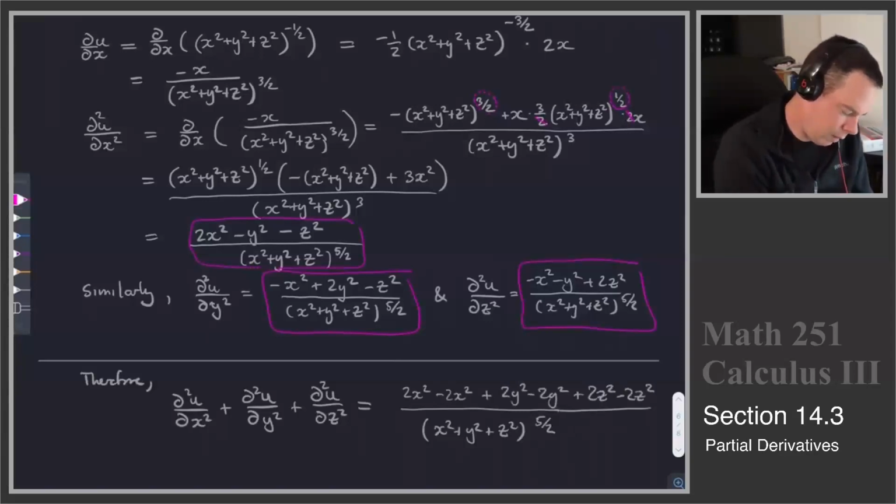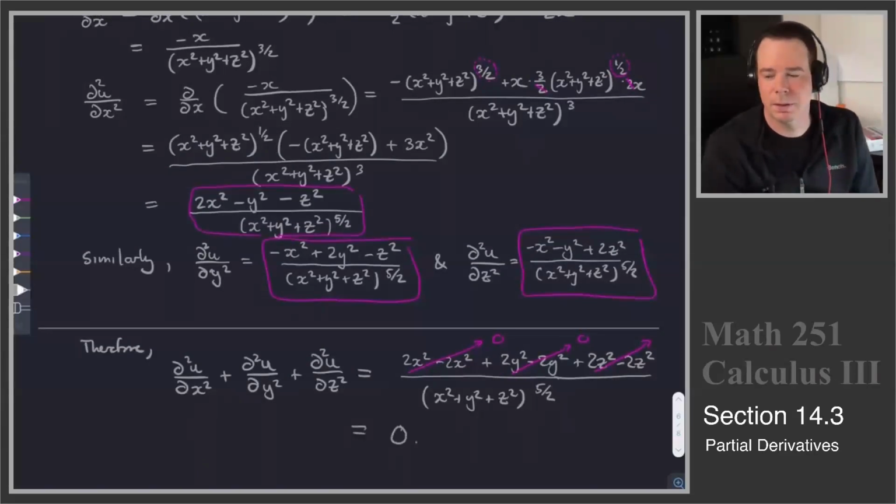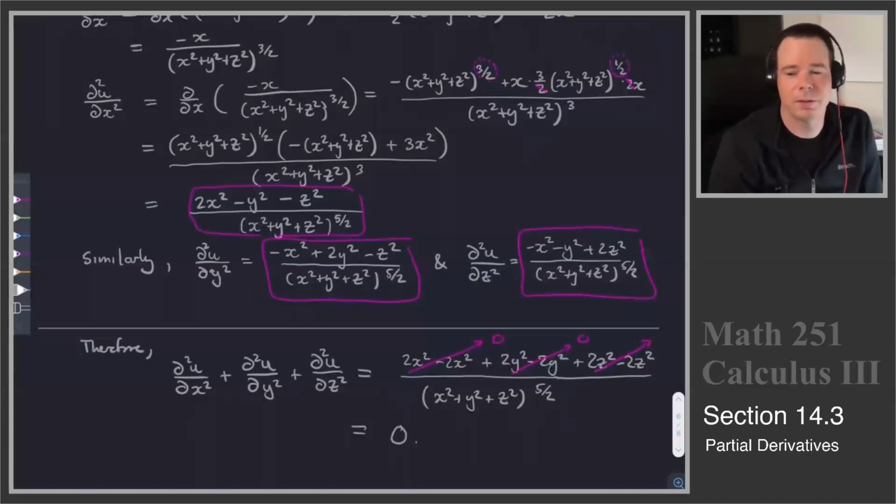And so we get cancellations that happen. That's 0, that's 0, that's 0. And therefore, the resulting sum is 0, which verifies what it is we wanted to verify, that this function satisfies the Laplace equation.